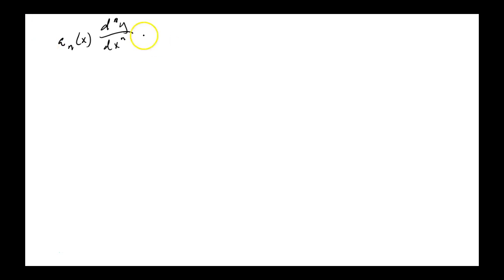So then you'll have plus a sub n minus 1, also of x, times the n minus first derivative of y with respect to x, n minus 1 times, plus, and they keep going, a sub n minus 2 of x, the n minus second.